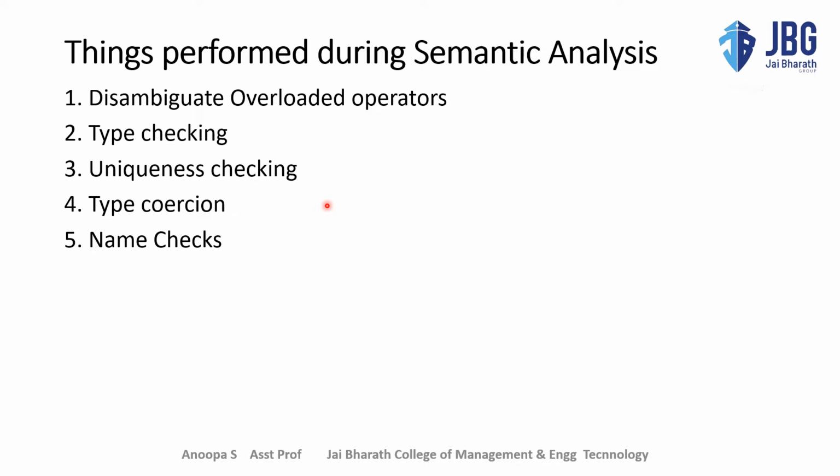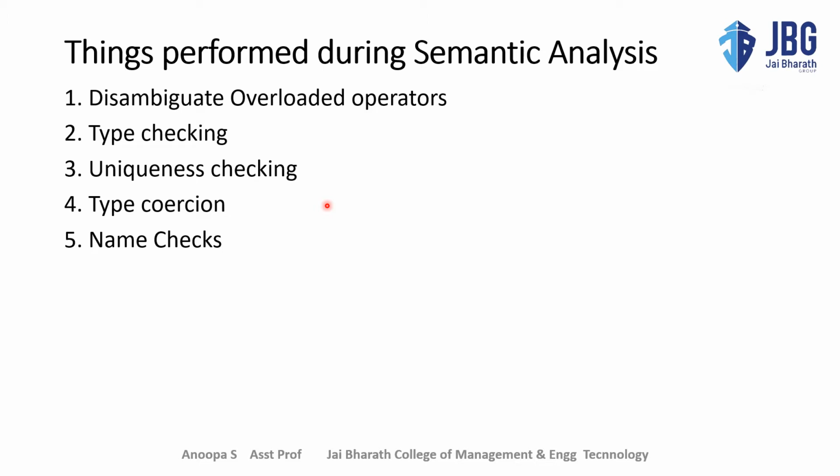Now, type coercion. What is type coercion? In some languages, it will upgrade the data type. For example, if you have used integer data and real data in an addition, the result will be automatically converted to real data. So that is type coercion.